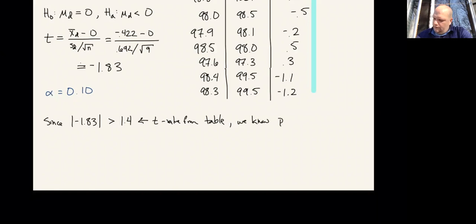So what we know is that our p-value is less than our alpha, which in this case was 0.10.